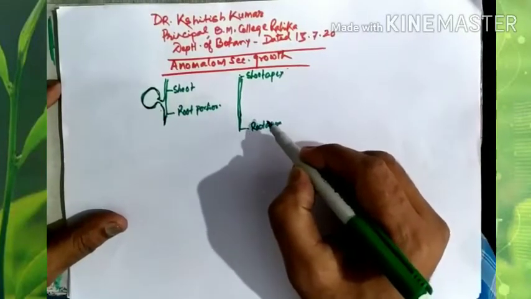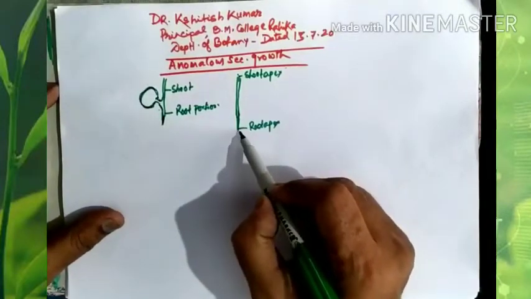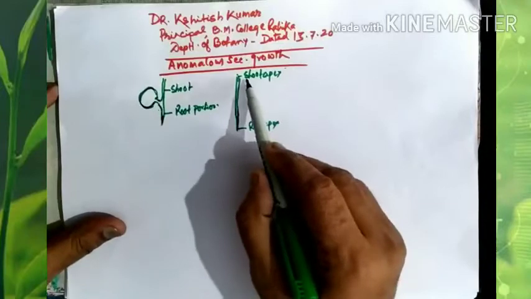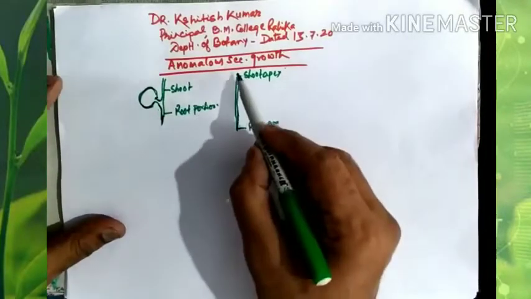The tip of the root is known as the root apex. The tip of the shoot is known as the shoot apex.